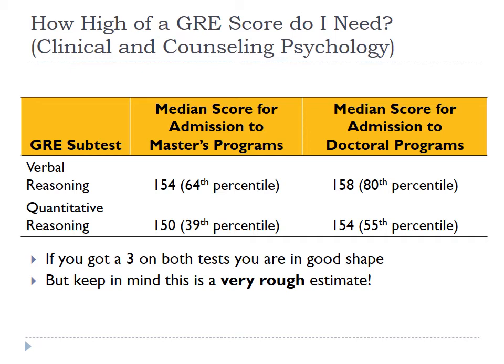So these are the median scores for acceptance into Masters in Clinical Psychology programs and PhD programs in clinical psychology. You see here the actual GRE scores and then percentiles next to it.